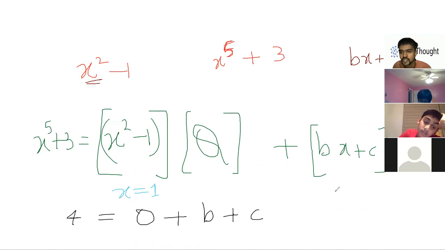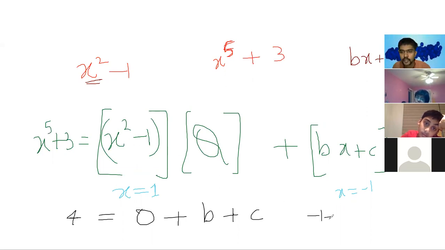Now, if I put x equal to minus 1, will it still kill this fellow off? X square minus 1, will it get killed when I put x equal to minus 1? Minus 1 square minus 1 is 0. So I'll put minus 1.